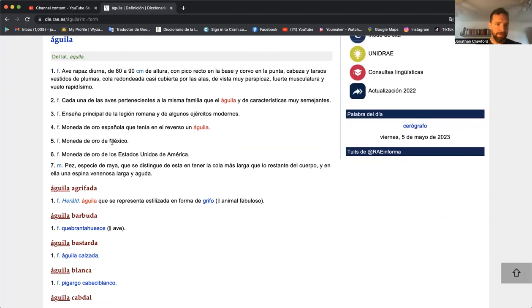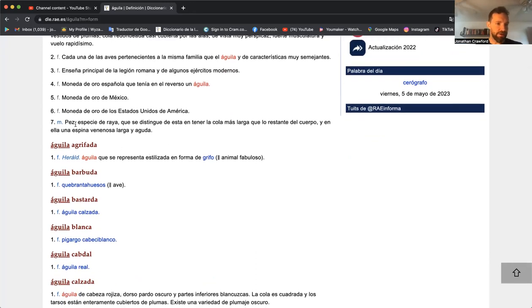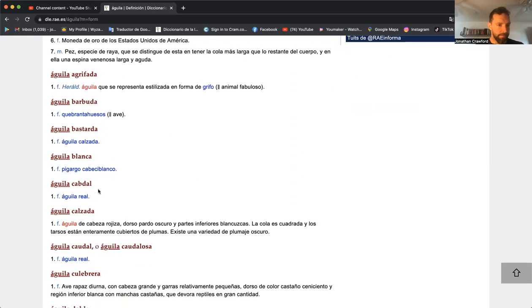Like, I guess it's a coin in Mexico, but even that is going to be feminine. It does have one masculine definition for a pez, especie de raya. I've never heard of that fish. Es un pez. So I don't know, but there you have it.